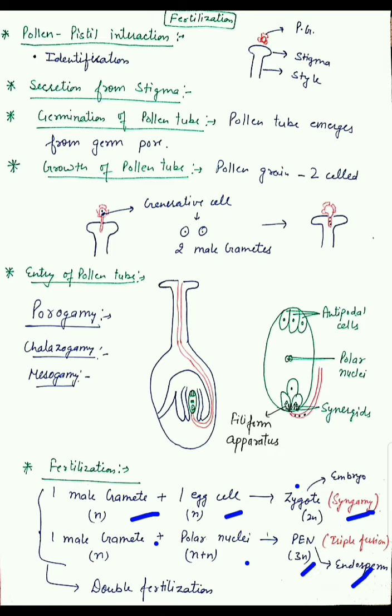Endosperm is triploid in nature because there is the fusion of three nuclei, and this process is known as triple fusion. So two types of fertilization take place, syngamy and triple fusion. This whole process is known as double fertilization. The zygote gives rise to the embryo and the primary endosperm nucleus gives rise to the endosperm. So this is the whole process of fertilization.